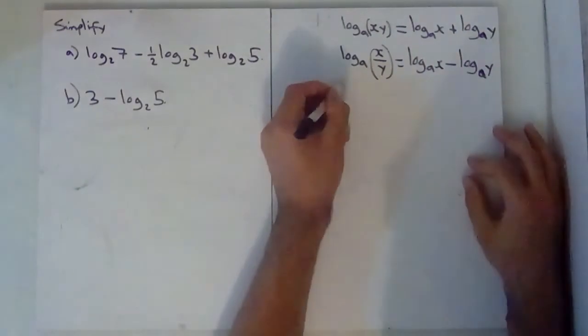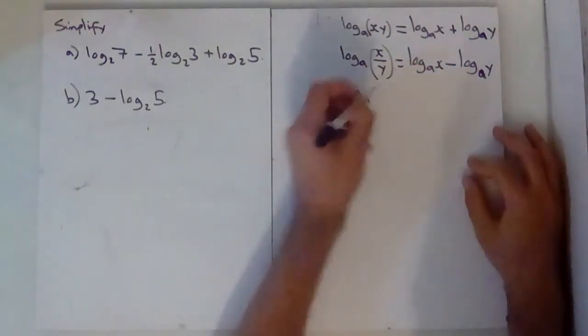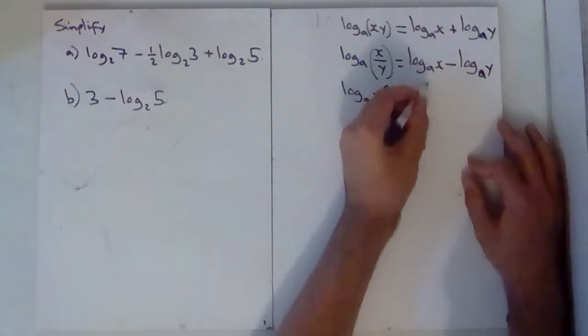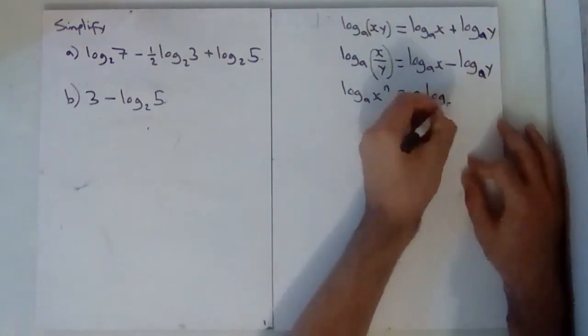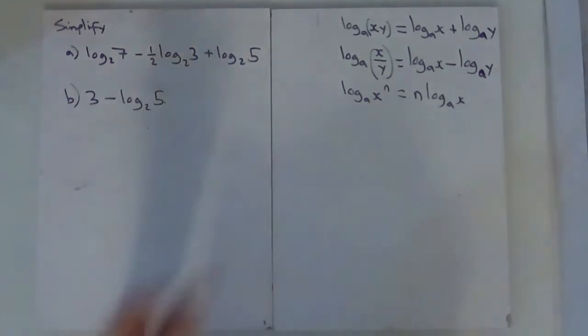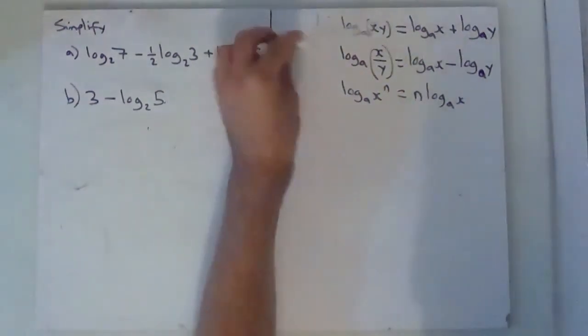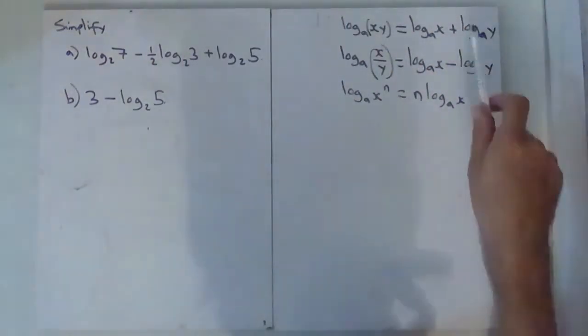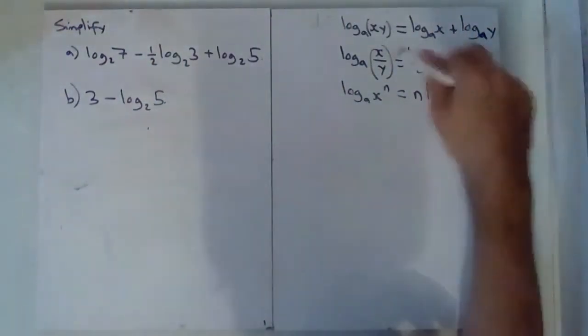So the third law, log base a of x to a power equals that power times log base a of x. Incredibly useful law. One thing I should note, these laws go both ways, so you don't think that you can only transform an expression by going from left to right. If you have an expression that looks like this, you can turn it into this.